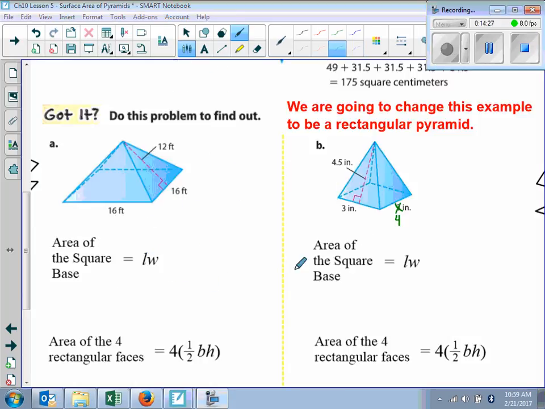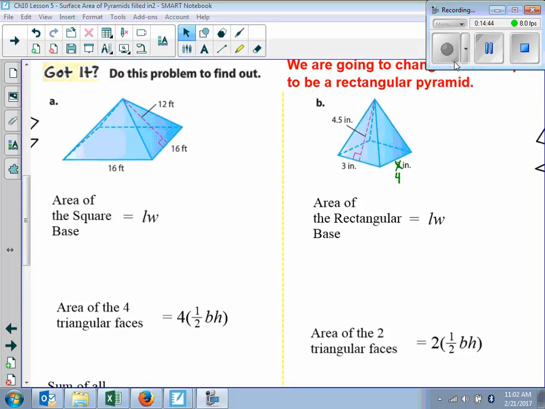All right, so for example B, we are going to change this example to be a rectangular pyramid, and we're going to change the dimensions to be 3 by 4. So the first thing we want to do is find the area of this now rectangular base.